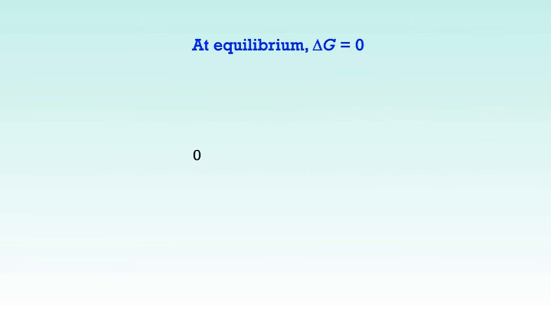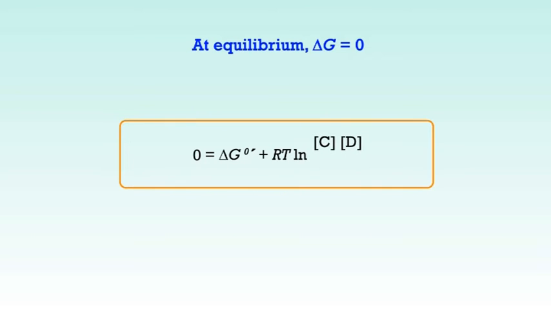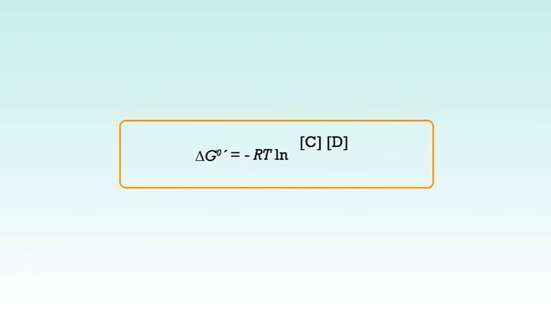Equation 1 then becomes 0 equals delta G naught prime plus RT ln of the concentrations of C and D divided by the concentrations of A and B. And so, delta G naught prime equals minus RT ln of the concentrations of C and D divided by the concentrations of A and B.